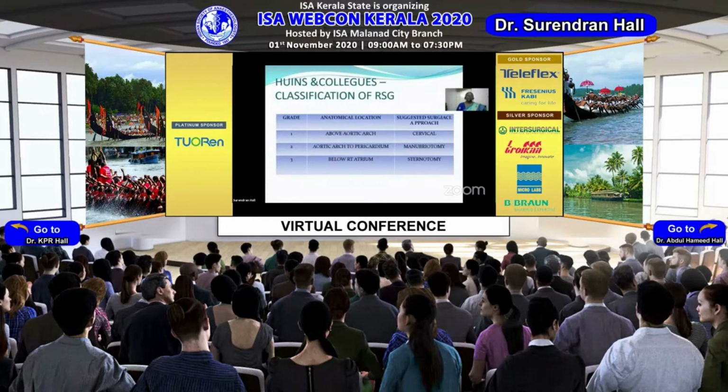In grade 2, the enlarged thyroid gland may extend between the aortic arch to the pericardium, and a manubriotomy may be essential. While in grade 3, the enlarged thyroid gland may extend below the right atrium, for which a sternotomy may be indicated.